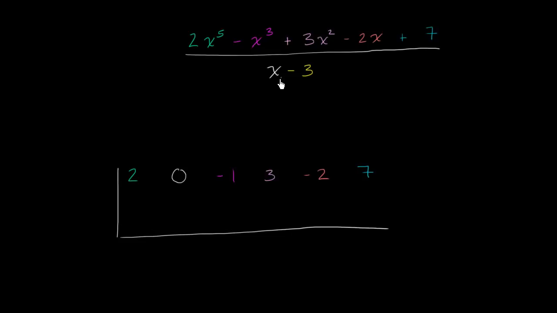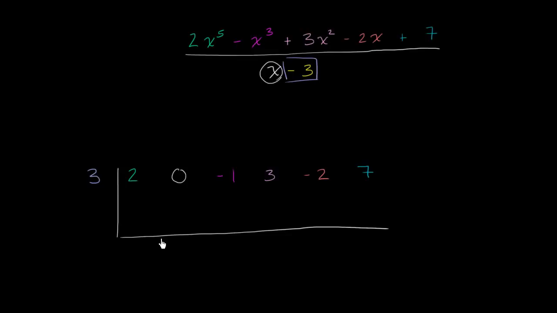This only works when we have x plus or minus something. In this case, we have x minus 3. So we have this negative 3 here. And the process we showed, there's other ways of doing it, is you take the negative of this. So the negative of negative 3 is positive 3. And now we're ready to perform our synthetic division.